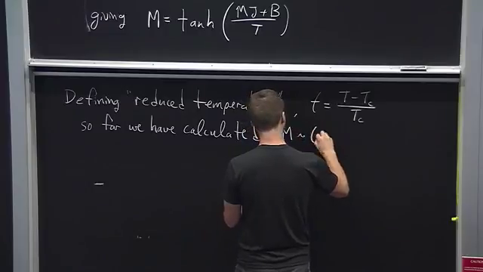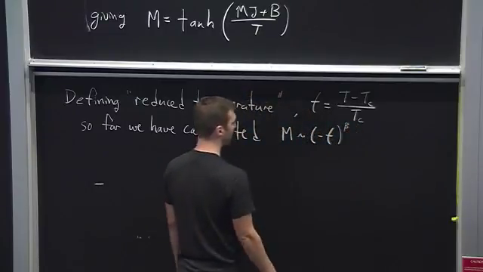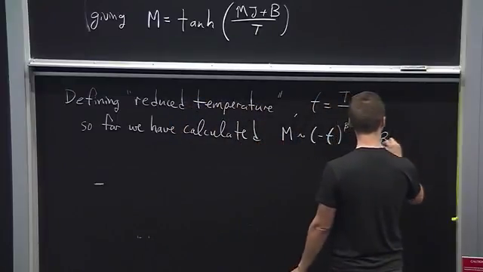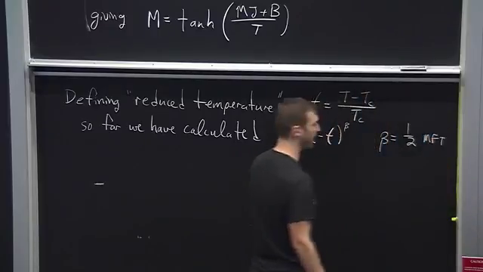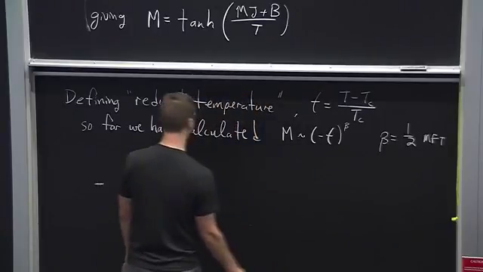So m goes as reduced temperature to some exponent beta, and the mean field value for beta was 1/2. That was just square root of T minus Tc.